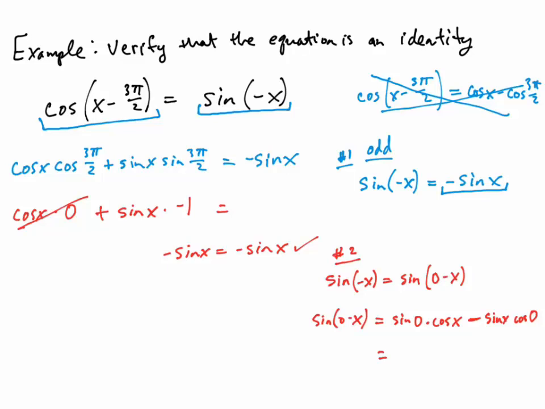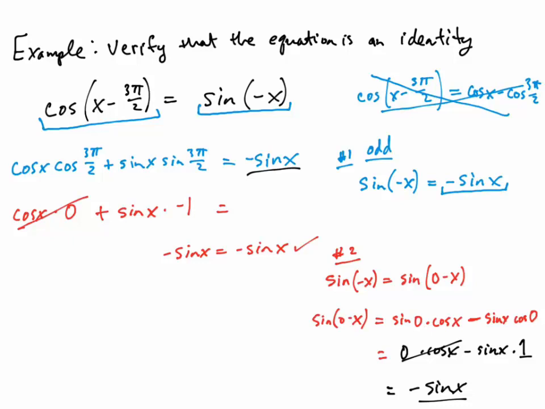So what we'll see here is sine at 0 is just 0 times cosine x minus sine x times cosine at 0. Well, cosine at 0 is 1. So that goes away, and we're just left with negative sine x times 1, negative sine x. So that is the same thing as we have right here.